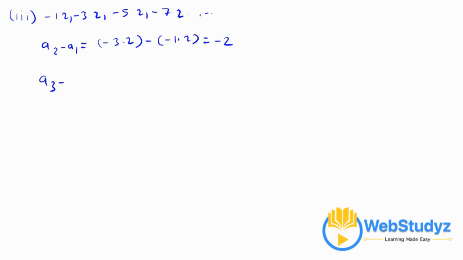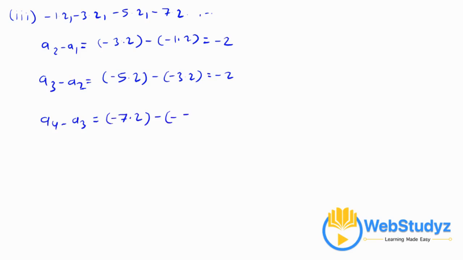Again checking A3 minus A2, which is minus 5.2 minus of minus 3.2. This comes out to be minus 2. Again checking A4 minus A3, which is equal to minus 7.2 minus of minus 5.2. This again comes out to be minus 2.